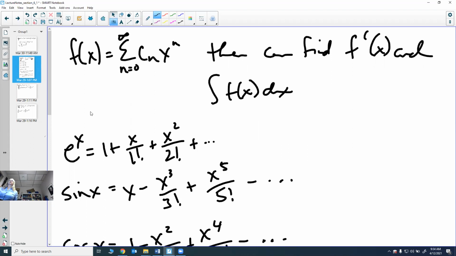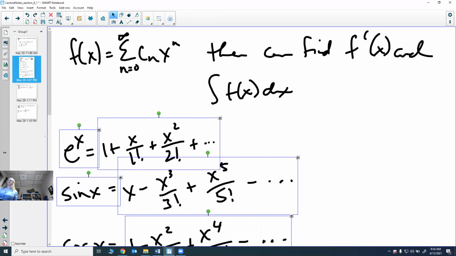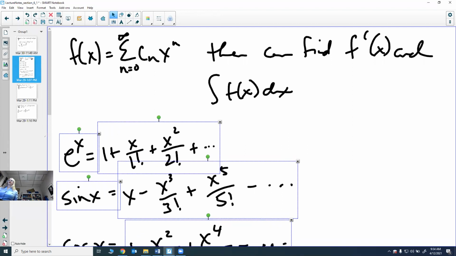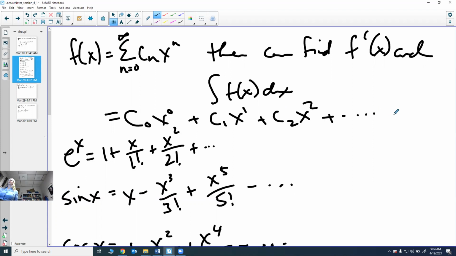Remember the way a power series works is that this is equal to C0 x to the 0, plus C1 x to the 1, plus C2 x squared, plus, and you just keep going on.